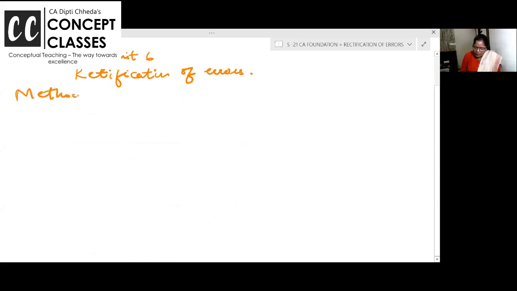Chalo, give the heading. Now don't write in your boosters. Go to your regular notebook. Write the name of the chapter: chapter 2, unit 6, rectification of errors. थोड़ा initially slow जाने से later good speed will come. Okay? Method 1.